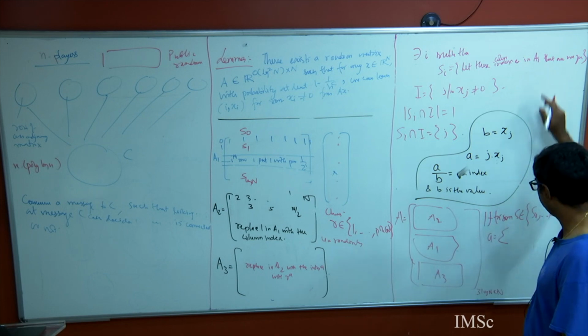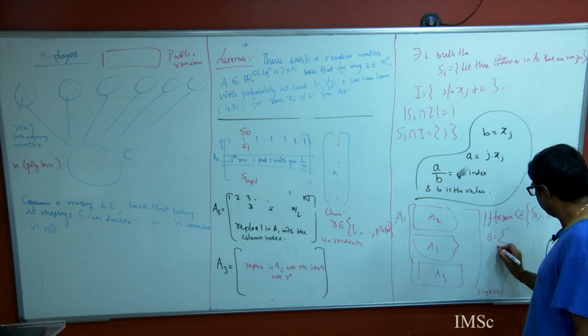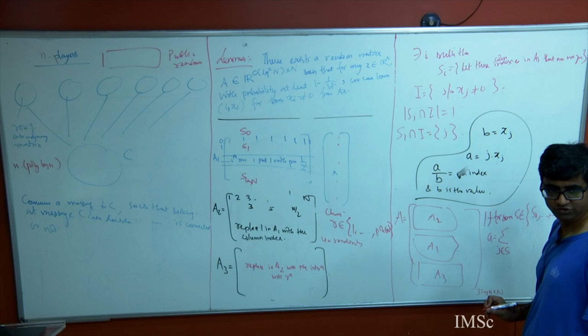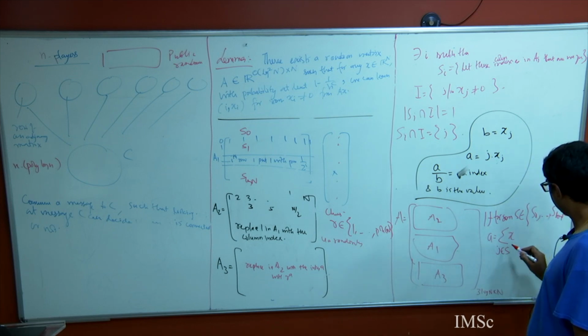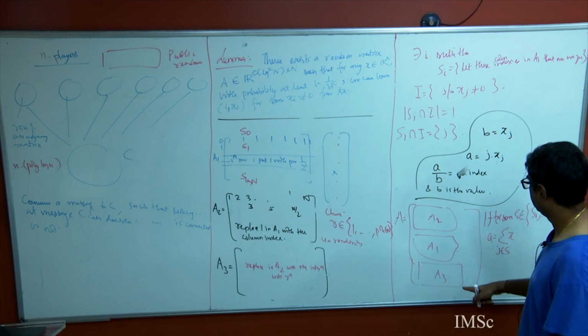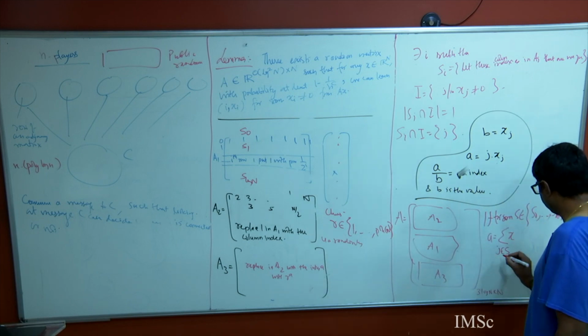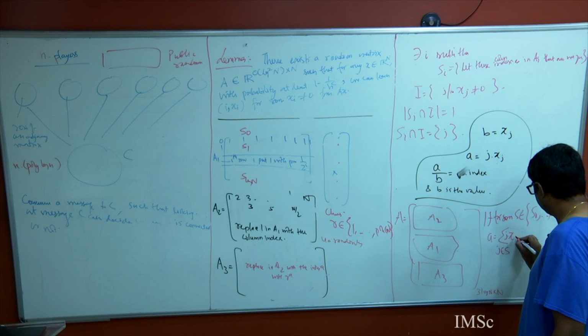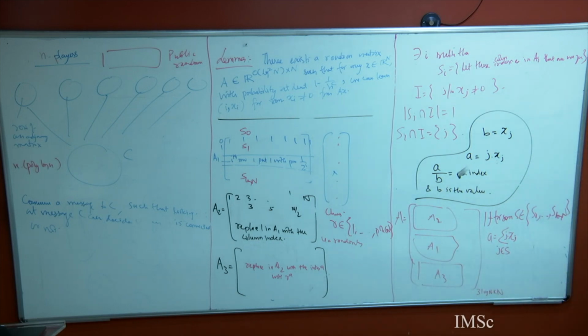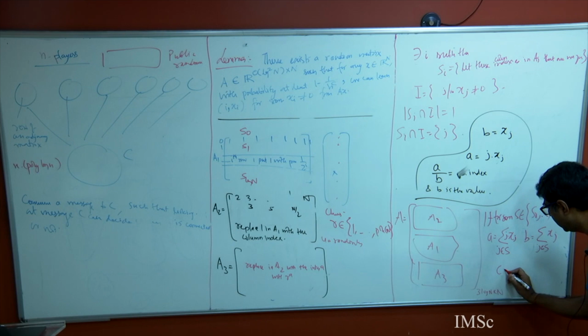So I can think of this A equal to j in S, where is A? A will be from here, okay. So what is this? J in F, j times Xj, right? What is B? B is summation over j in S Xj. And what is C?